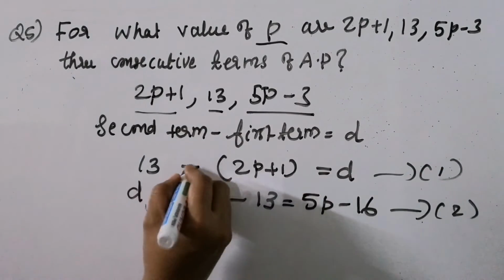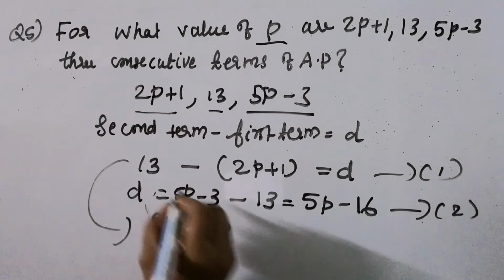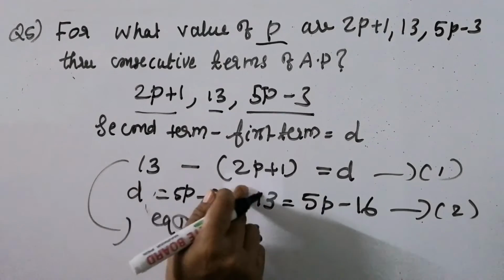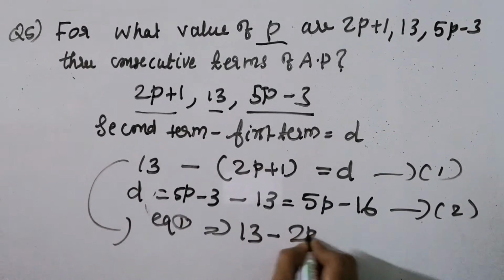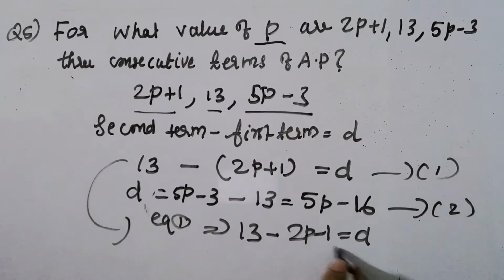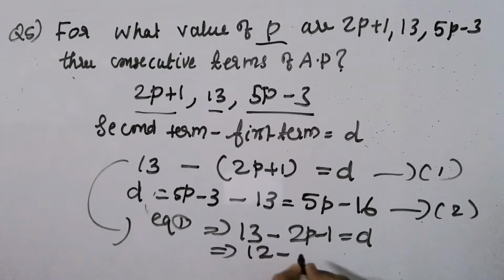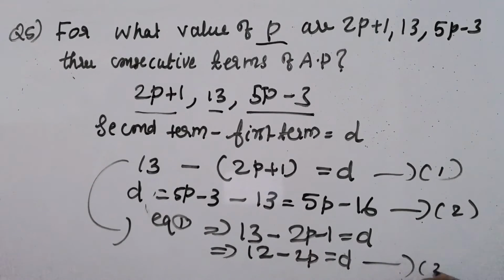From equation number 1 we can solve it like this: 13 is here, after that you open the bracket, minus 2p minus 1, which is equal to D. 13 minus 1 is 12. So 12 minus 2p is equal to D. This one is the third equation.